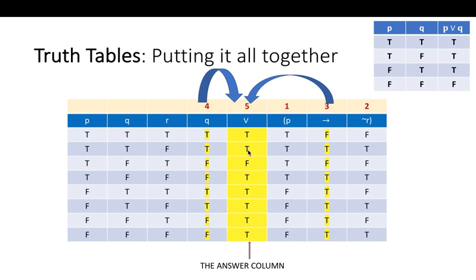True or true, that statement is true. False or false, that statement is false. False or true, that's true. True or true, that's true. True or true, true. False or true is true, and false or true is true. Remember, for the OR, the only time you're going to get a false is if both sides are false. So the only time both sides are false is right here. So this column is all trues except for that one. And that's the answer column.